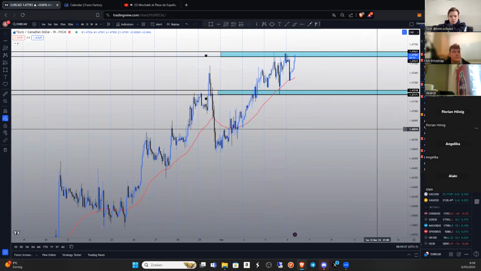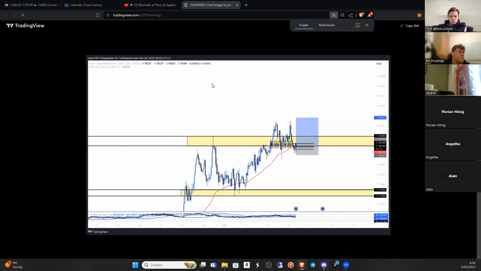There we go. And what do we have more? So then we have, this was my entry on Euro NZD. Yeah, looking for the buy because of the breakout and retest to the upside.